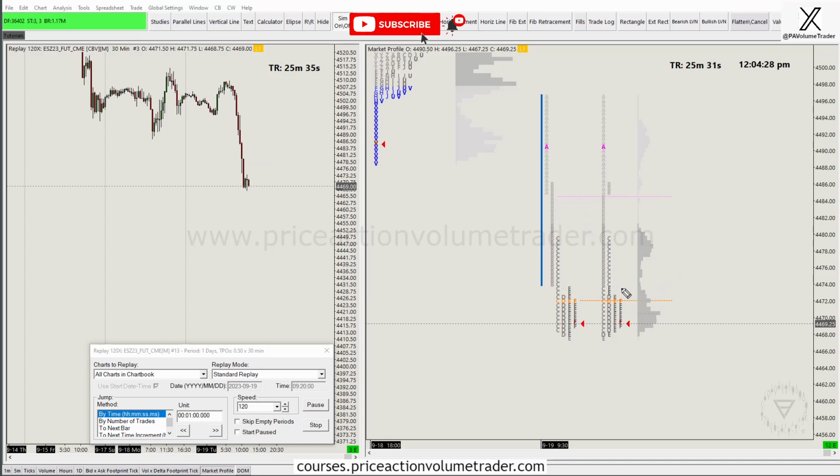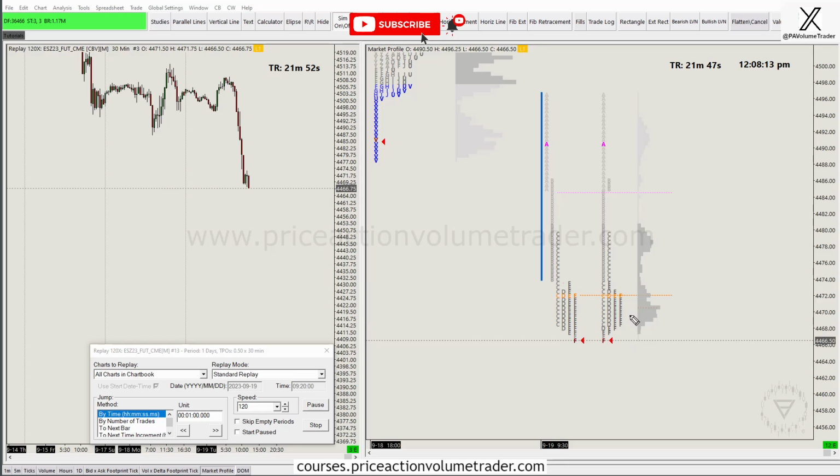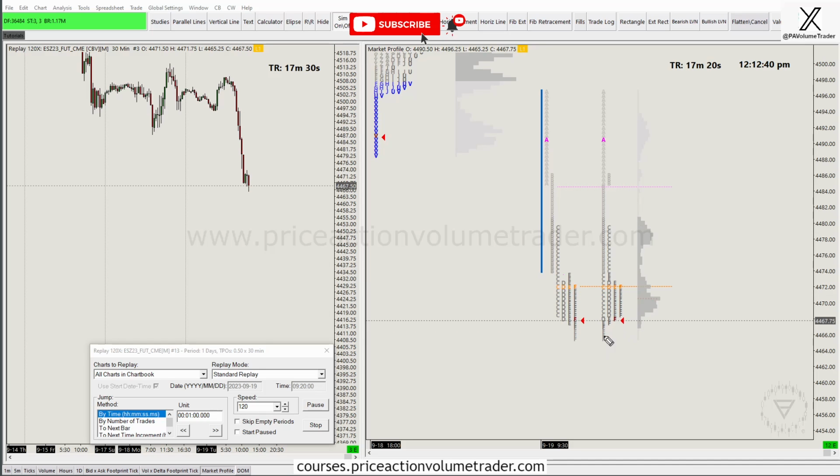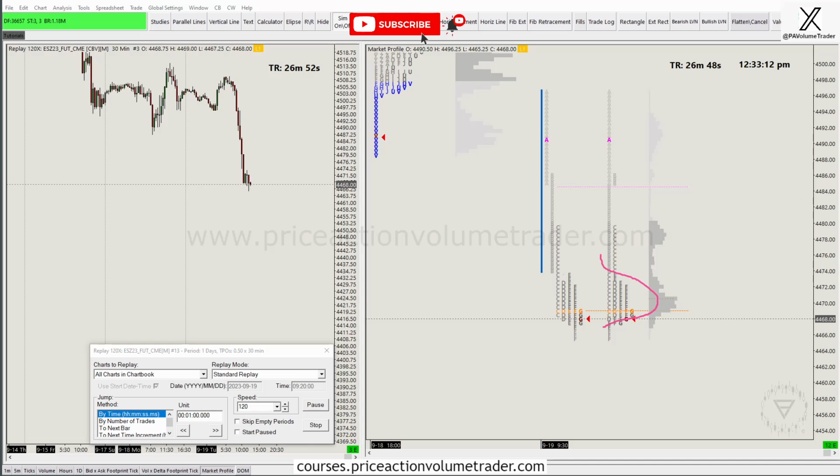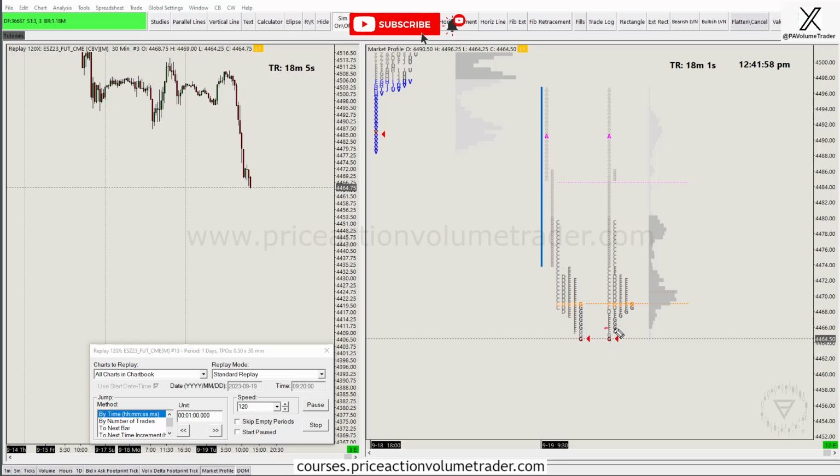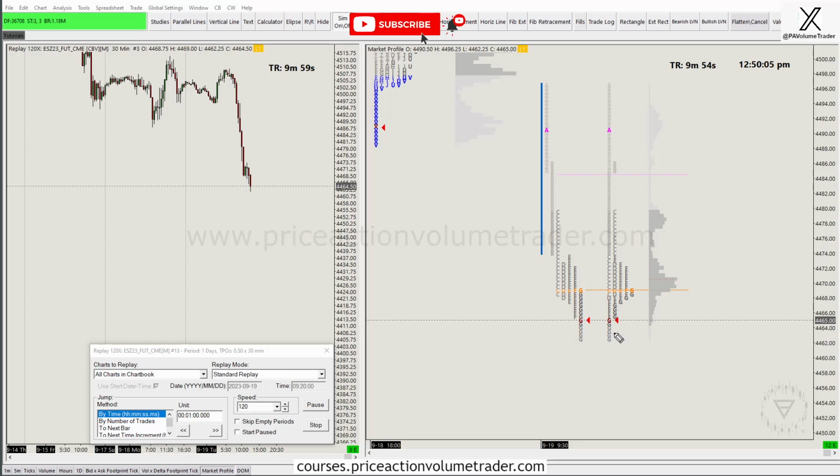But you can see how each new period, we start forming a new set of letters. And if we come right back to an area of prices that we traded before, we start extending outwards on the market profile. If we go to new prices, then the letters are going to start forming new rows like you can see here on the G.